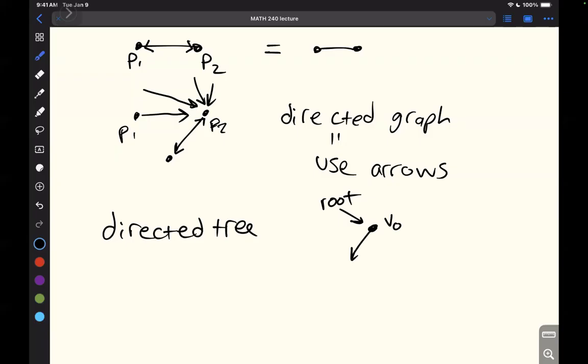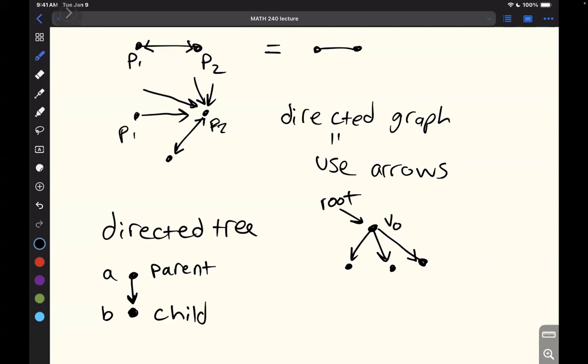And so from V naught, we can draw arrows. V naught is the root, and then we go down the tree. So let's call this A. And we have something like this, where we go from A to B. We call A the parent, we call B the child.